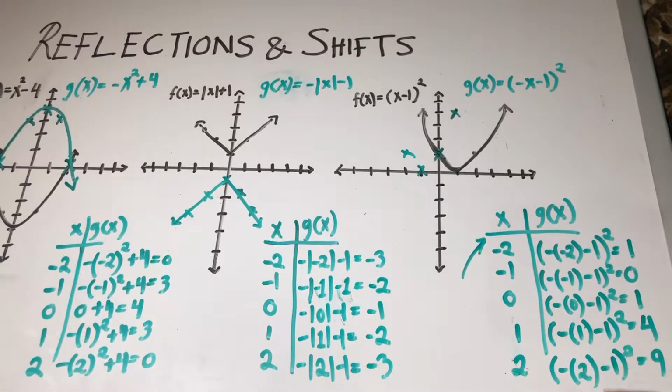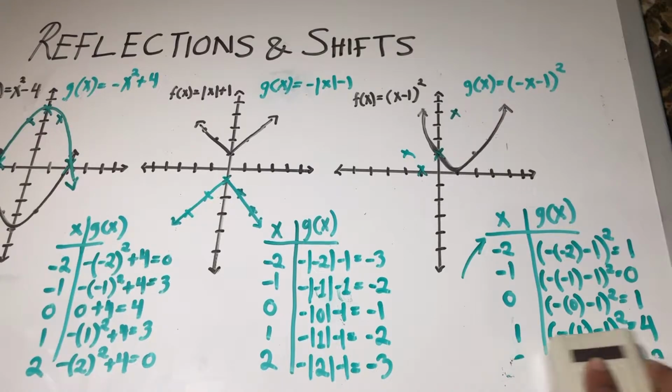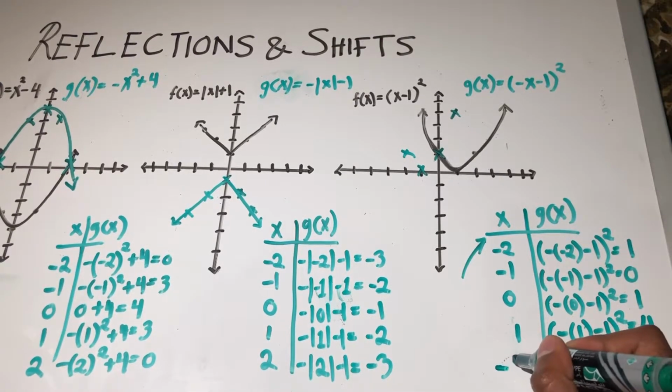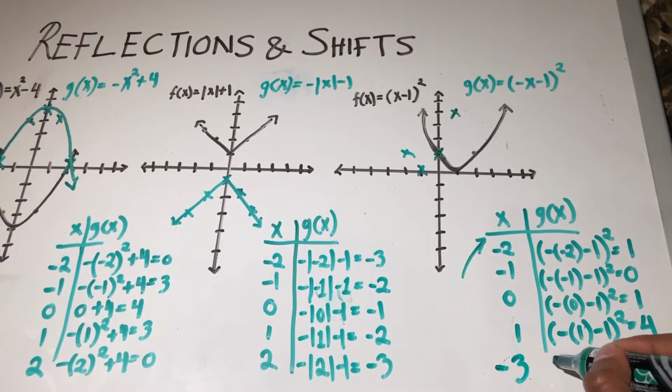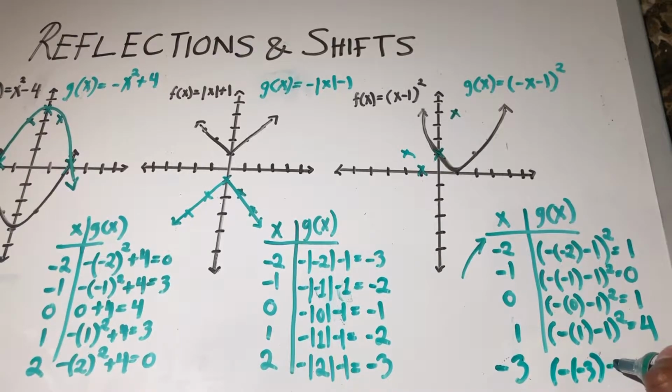So I'm going to go ahead and erase this since we don't need it. I'll put -3 here, and then plug it into the equation. So -(-3 - 1) squared.